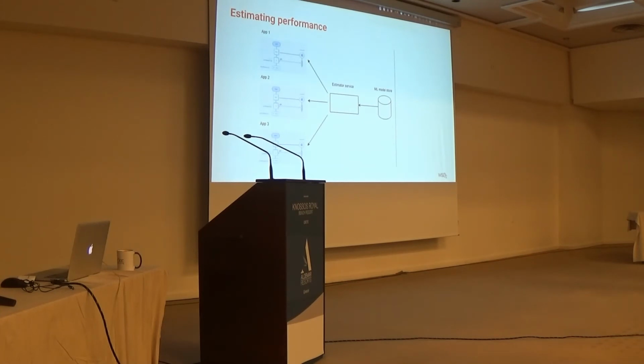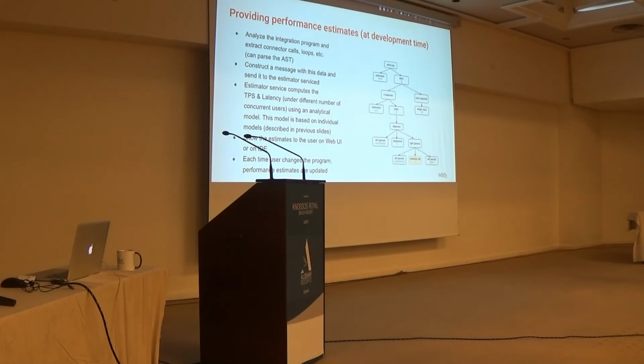Here, one thing is that we are not making any assumptions. We don't have the Markovian assumption here. We don't assume exponential service times or anything. We just do black box modeling for the backend APIs, and then we solve the entire system using the game theoretic solver.